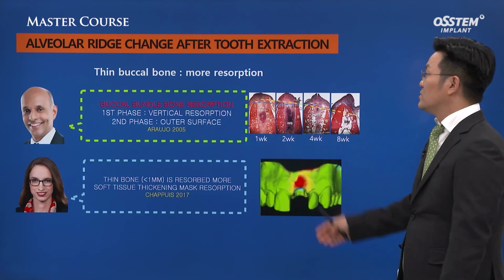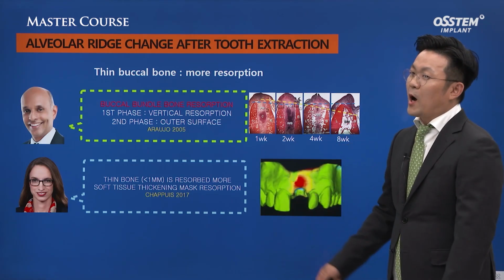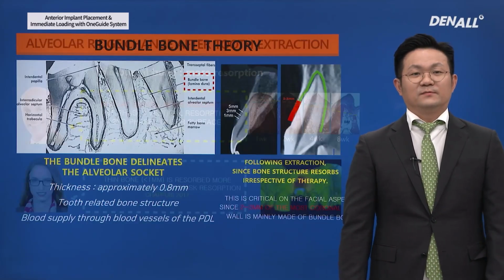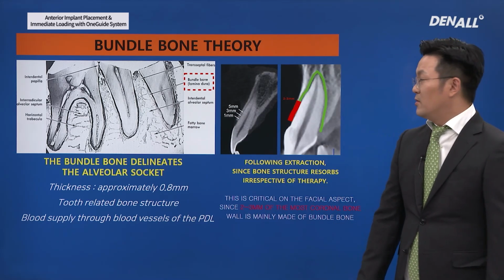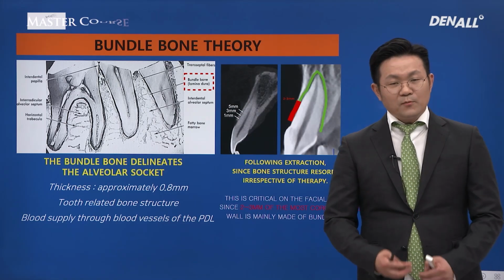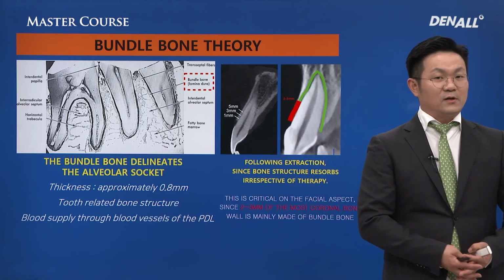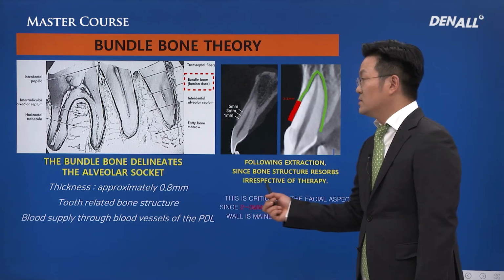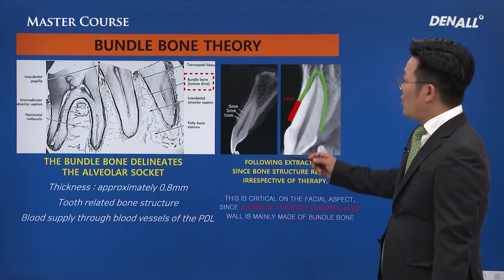So what we can glean from this is that after extraction, if you want to place an implant, there are a lot of tricky situations and there is no bone left. This is because of the bundle bone theory. Bundle bone means it is bone existing because of the tooth.